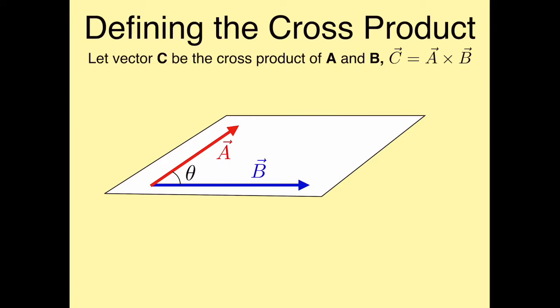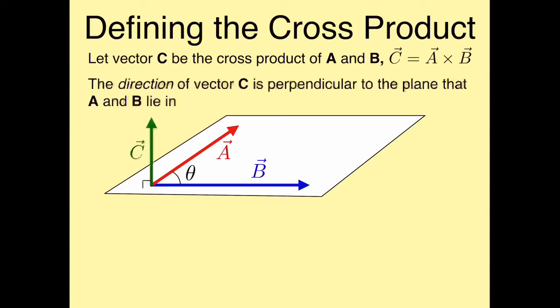Let's talk about how we define the cross product of two vectors. Let's say we have two vectors A and B, and what we want to calculate is A cross B. We'll let vector C represent the cross product of A and B, so C is equal to A cross B. The first thing we'd want to know about vector C is what direction it is pointing in.